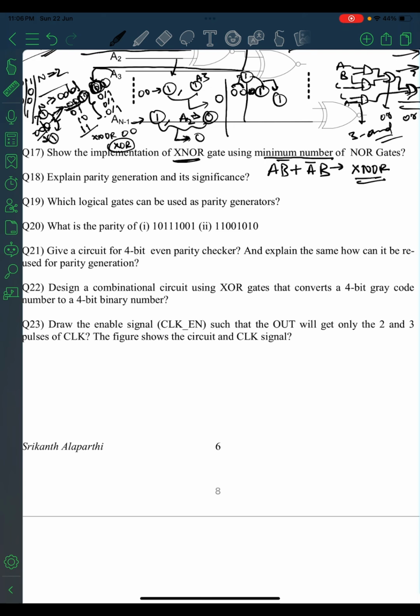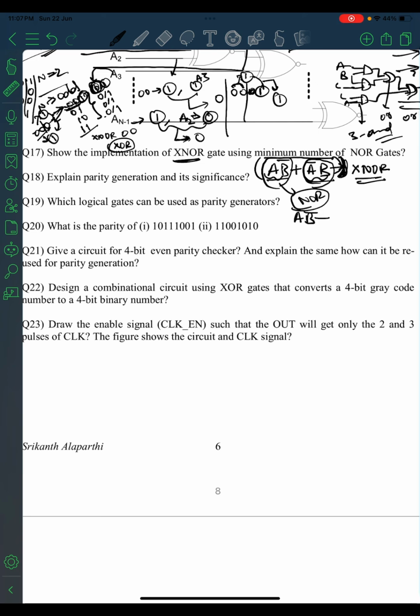Now this A plus B whole bar is basically a NOR, right? Now what you need to do is represent these single terms as a combination of NOR gates. This is our job.